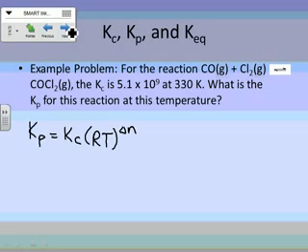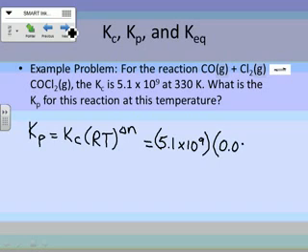All right, we know what the Kc is. It's 5.1 times 10 to the 9th. So we're going to multiply that by RT, which, let's see, our R here is 0.08206. I'm going to put this in, probably should put that in brackets, times our temperature, which is 330 Kelvin.